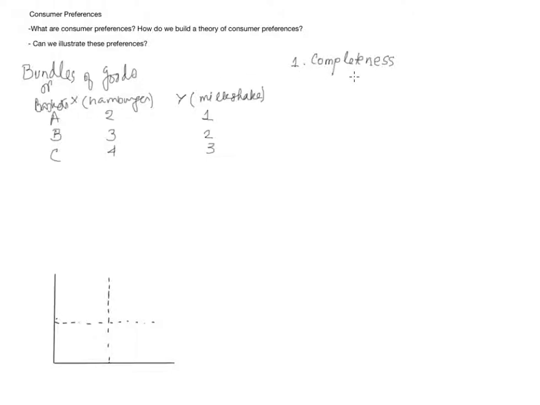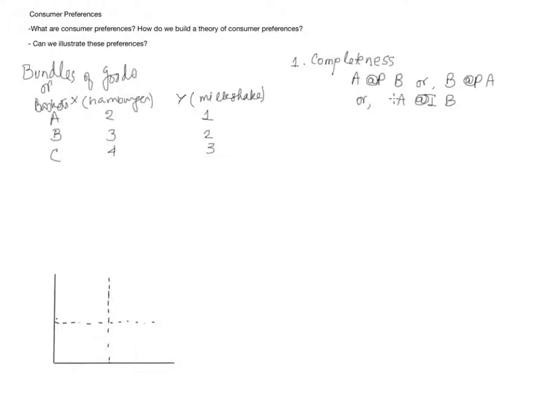So for instance, the consumer should be able to say if the consumer prefers A to B. So either the consumer prefers bundle A to B, or the consumer prefers bundle B to bundle A, or the consumer is indifferent, that is, he gets the same level of satisfaction from consuming either bundle A or bundle B. I'm just using 2 bundles to define these elements of preference because that is enough. You can always extend it to include 3 bundles.